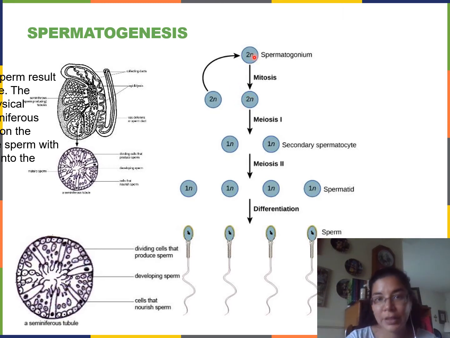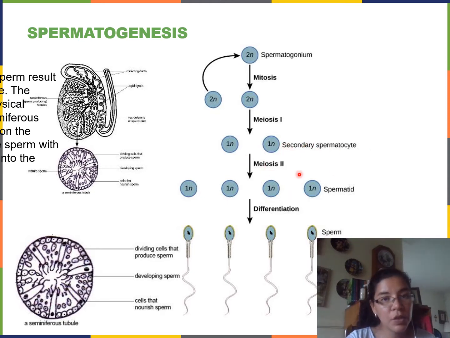So through mitosis, they produce a clone of themselves, and these clones, these daughter cells, could undergo meiotic division and become sperm. So via meiosis 1, that diploid cell, which has a full set of chromosomes, becomes haploid cells, with one N each. So two cells, we call these secondary spermatocytes.